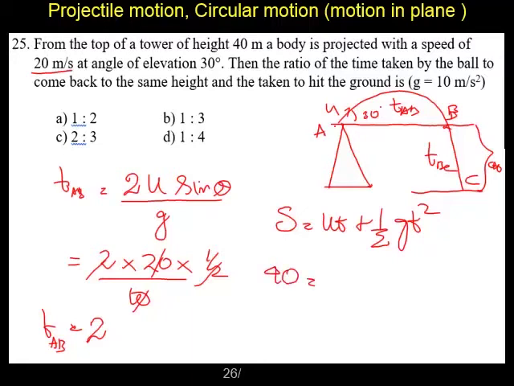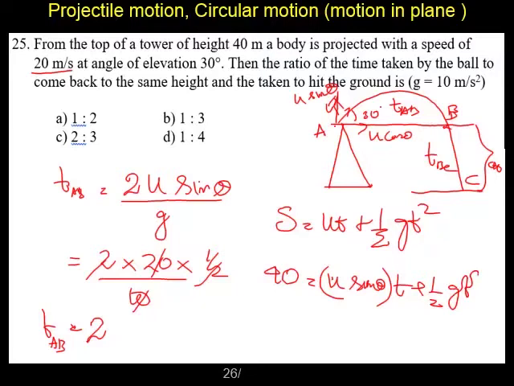Since this is downward motion, we can take u cos theta horizontally and u sin theta vertically, so u sin theta t plus half g t square.